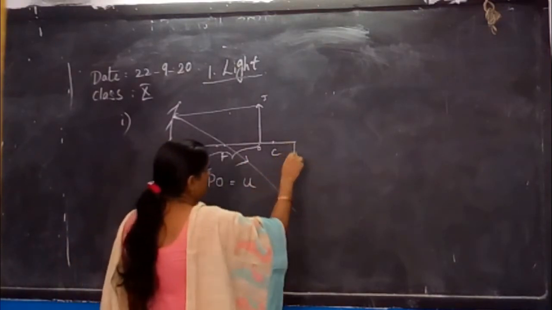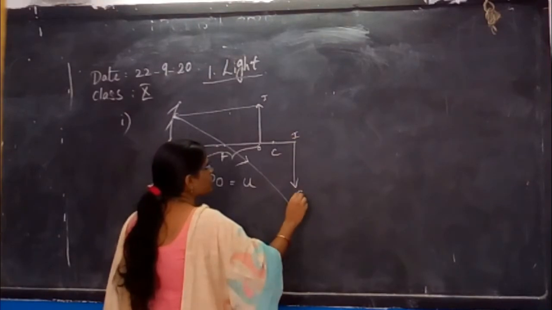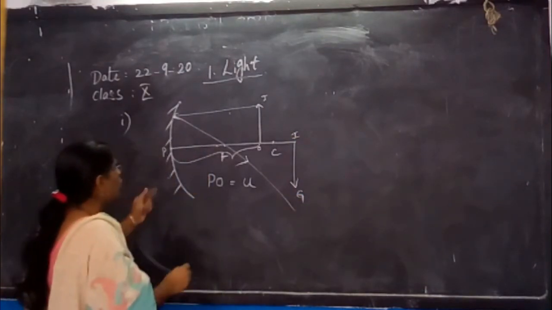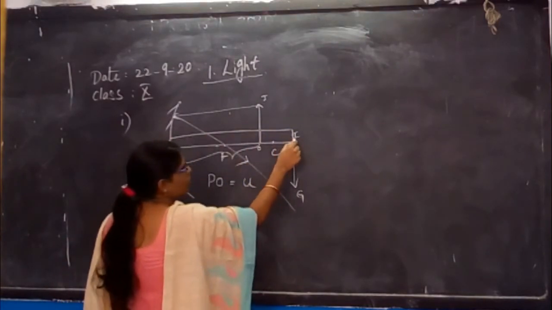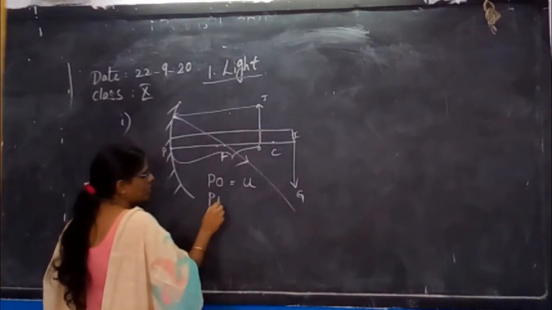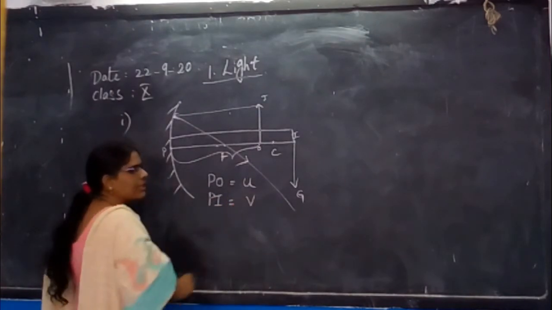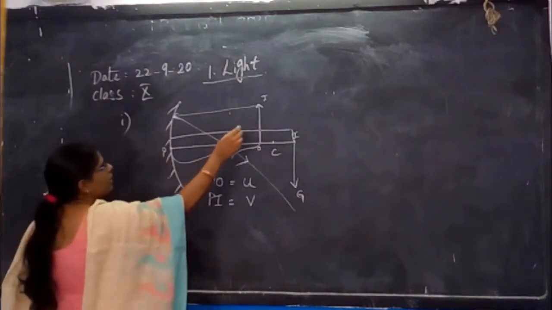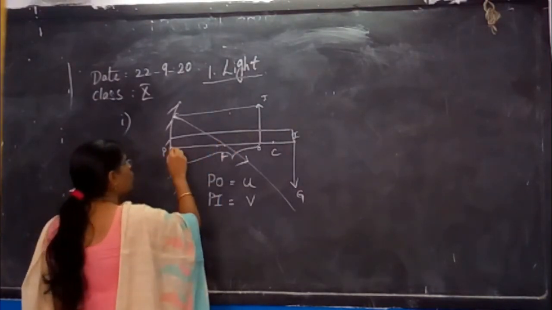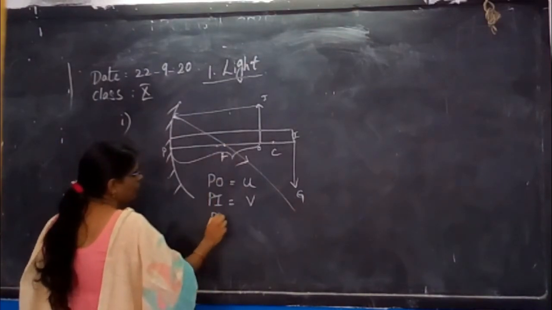If I get the image somewhere here, let us assume this is my image. Now the distance between pole to the image, we always call it image distance V. Now here, pole to focus, P to F, what do we call this?